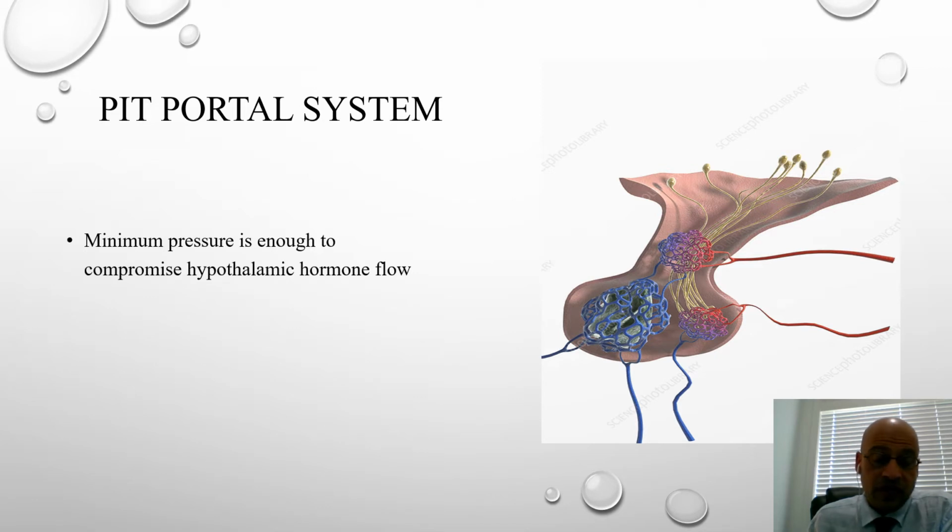That's exactly what you have for the liver, and you have it in the pituitary gland. Now, because they are veins, they have very low pressure, and they can compress very quickly at a smaller pressure. If the portal connection system was arteriolar in nature, then you would need a much higher pressure to compromise the pituitary vasculature.